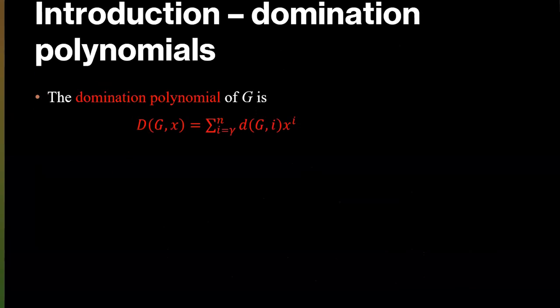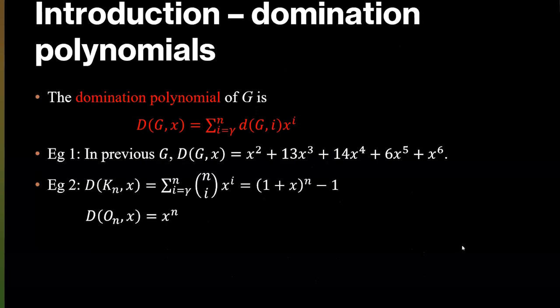With this, we can define the domination polynomial of graph G as the sum of d(G,i) times x to the power i, from gamma to n. So in our previous example, the graph G that we have seen just now has the domination polynomial given by this expression here. And of course, for complete graph and empty graph, it's easy to find the domination polynomial.